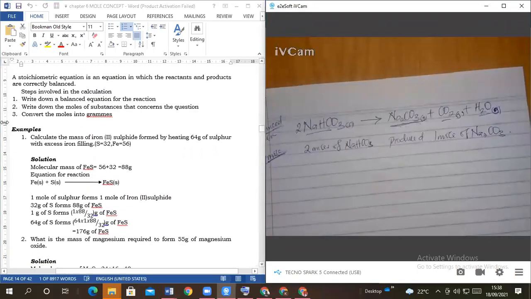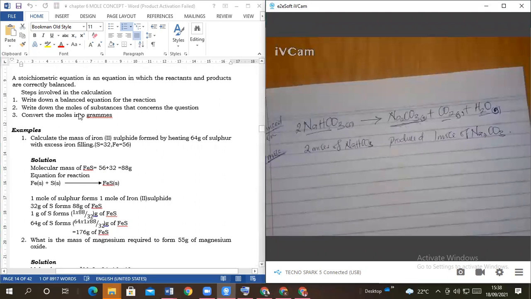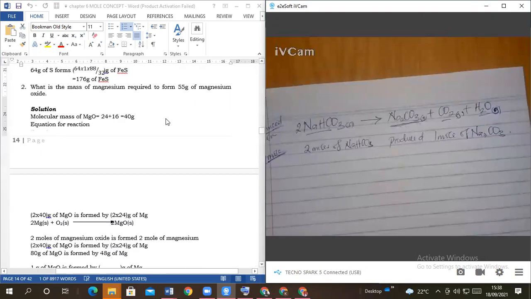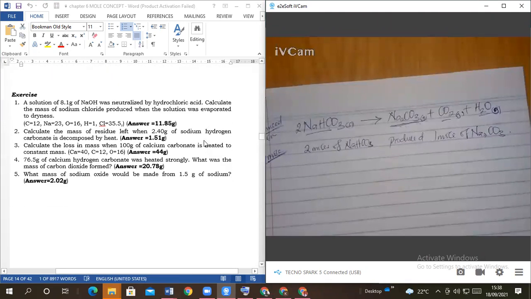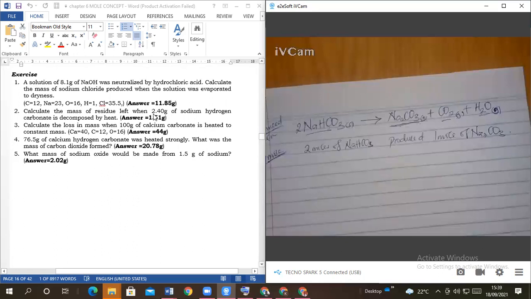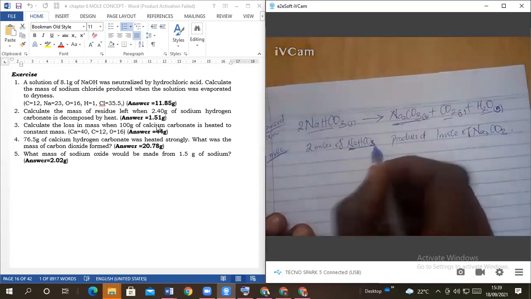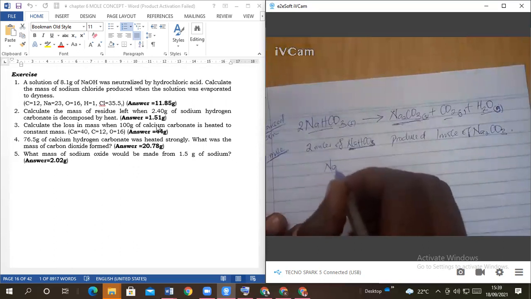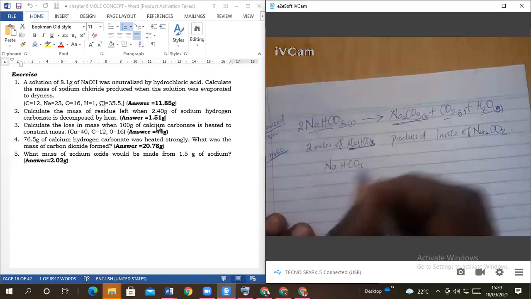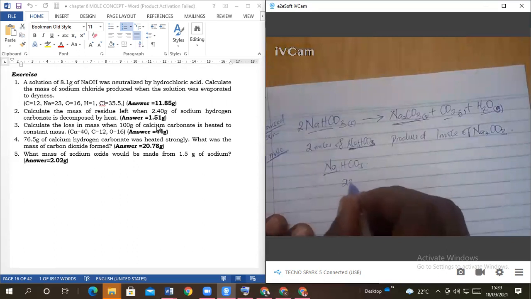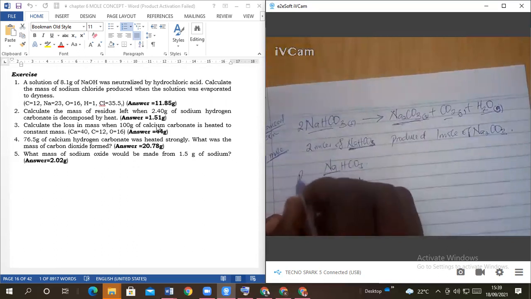The third step says convert the moles to grams. They are saying the mass of the residue left when 2.4 grams of sodium hydrogen carbonate is decomposed. First, look for the relative atomic mass.